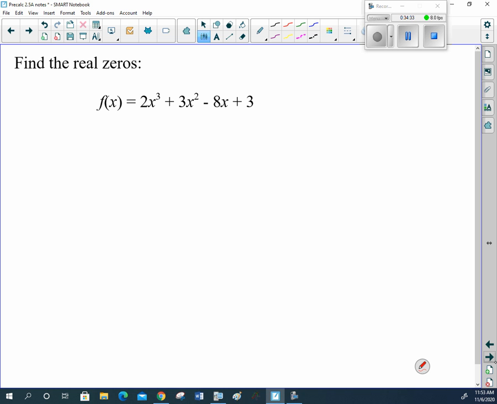So I'd probably go to the graphing calculator, get something to start with first, or you could do the p divided by q stuff. So this is 1 times 3.